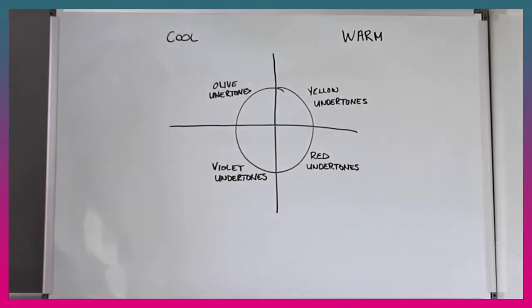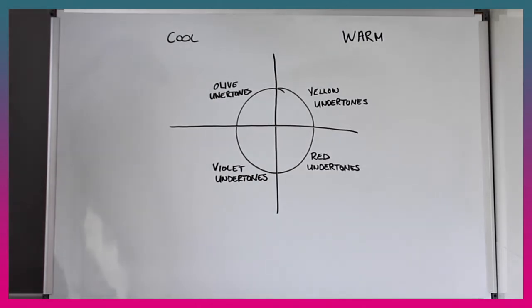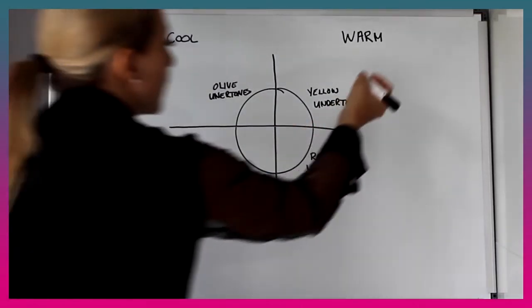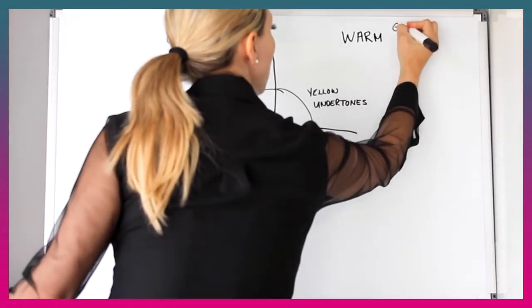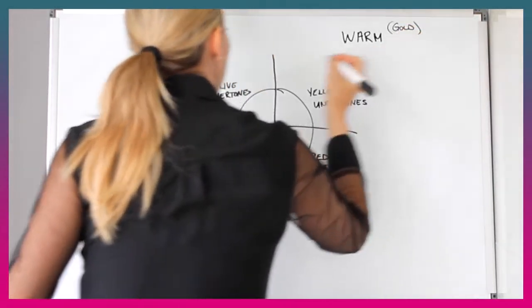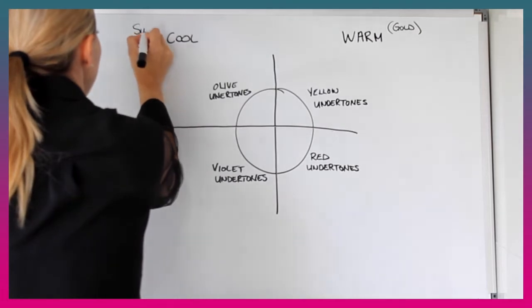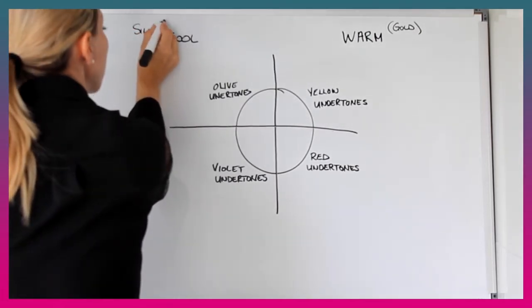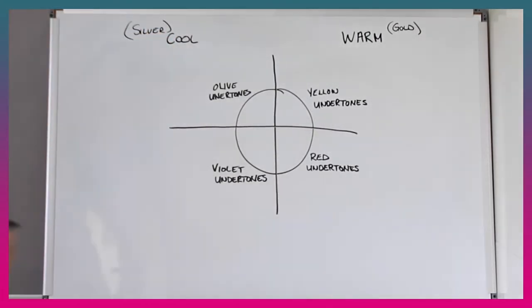If you're not familiar with warm or cool skin tones, aside from researching, you can also go to a fabric store and you can get a gold metallic swatch piece of fabric and a silver metallic swatch. It has to have metallic.